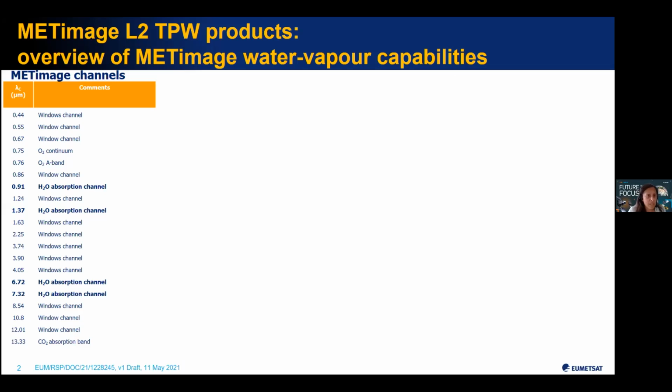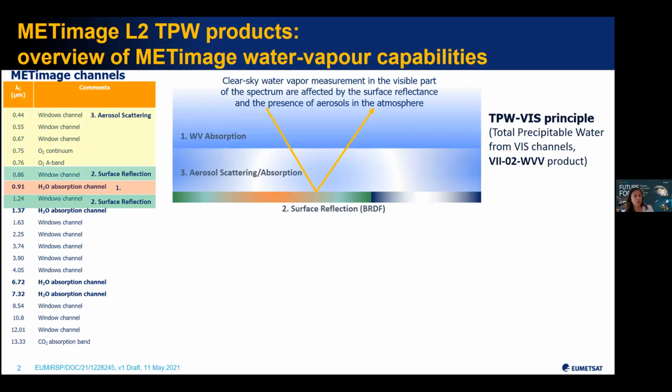So now, as we said before, EUMETIMAGE has a spectral coverage which goes from 0.4 to 13.3 microns. It is equipped with 20 channels, and among these 20 channels, there are 3 channels which are useful for water vapor retrieval. The first channel is the 0.91 micron absorption channel, which is basically located in the visible part of the spectrum.